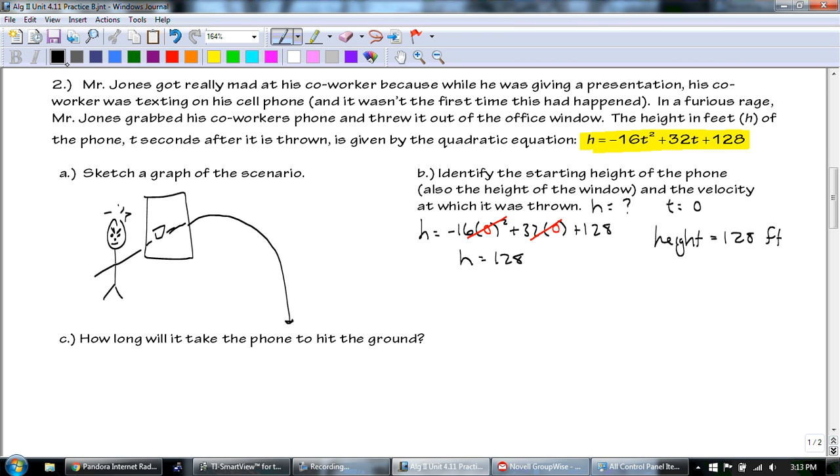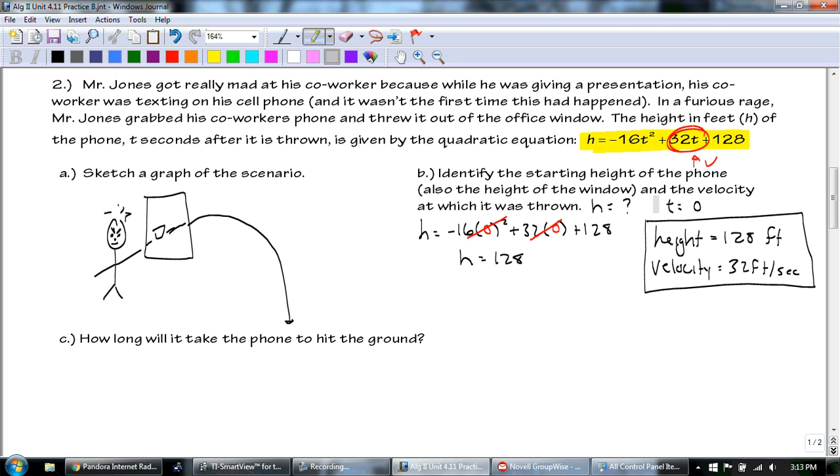So he's 128 feet off the ground when he's throwing that bad boy. I don't think it's going to last. I hope he has good insurance. So the velocity, remember we steal the velocity from the equation. So our velocity is 32 feet per second. Right, see?